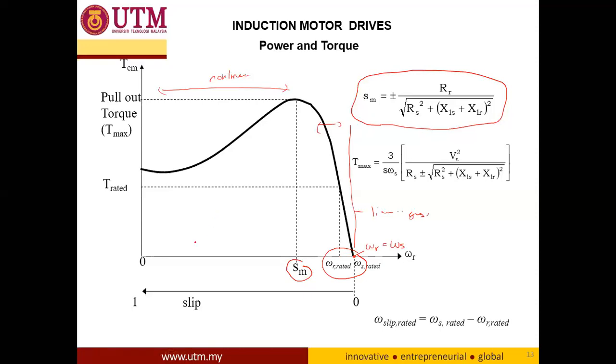And please be noted that this is the slip. When the speed of the motor is 0, the slip is 1. And when the speed of the motor is equal to the synchronous speed, the slip is 0.